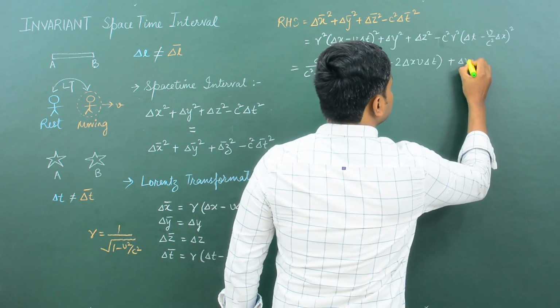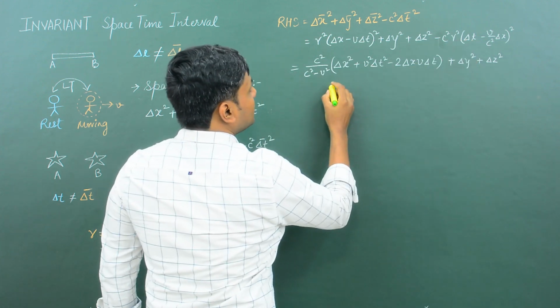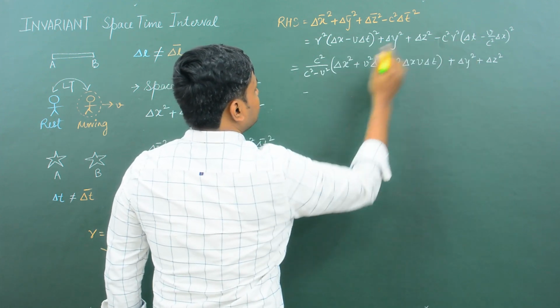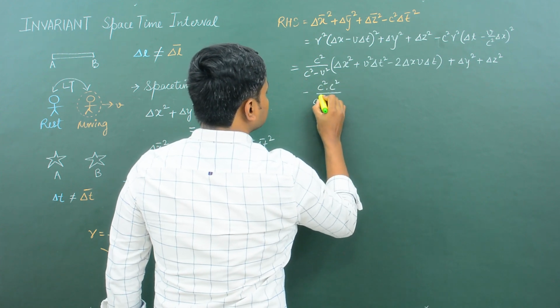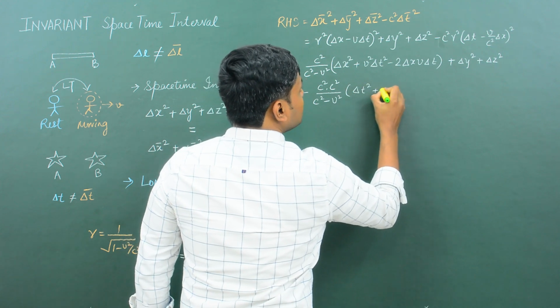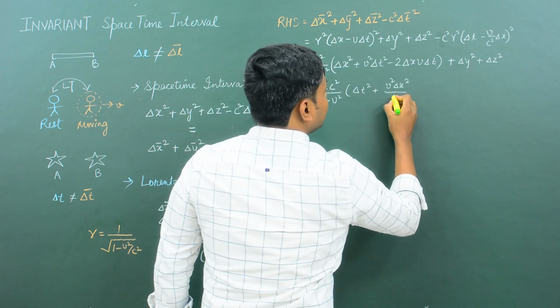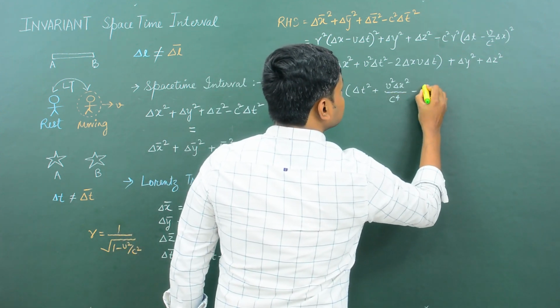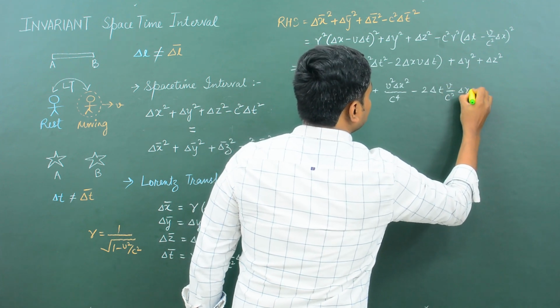So plus del y square plus del z square, and the last term I can simplify as minus c square, and then c square upon c square minus v square, which becomes del t square plus v square del x square divided by c to the power 4, minus twice del t v upon c square del x.